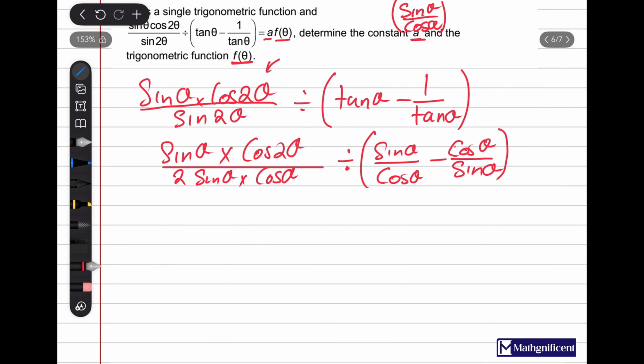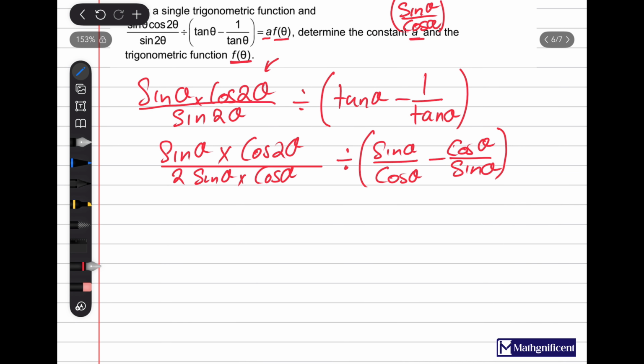So from this part here, we have to simplify this further. What are we having here? We are having sine theta that is going to divide with sine theta, and we are going to be left with 1.